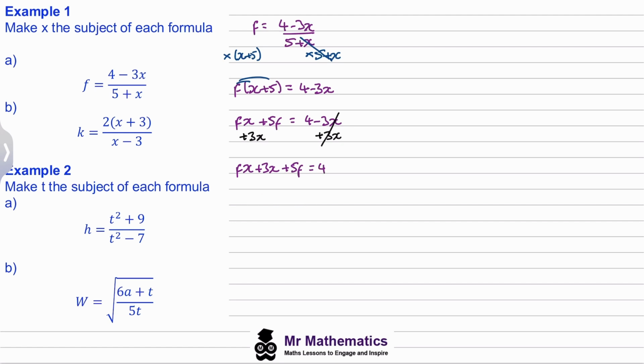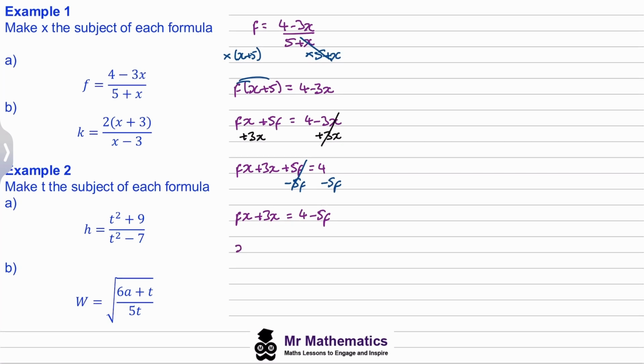Now, because we only want x on one side, we need to move this positive 5f to the right-hand side by subtracting 5f from both sides. So we'll have fx plus the 3x will equal 4 minus the 5f. Now the problem we have here is that we've got two x's and we only want one x. What we can do is we can factor this x out from both terms.